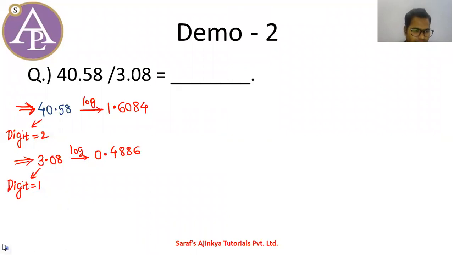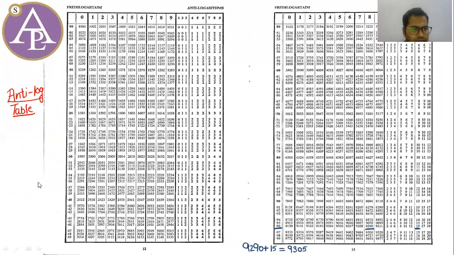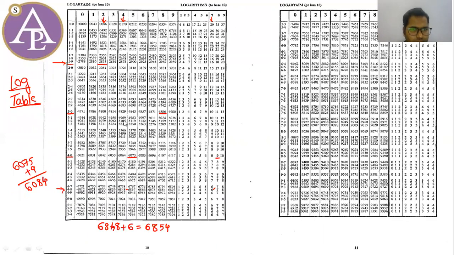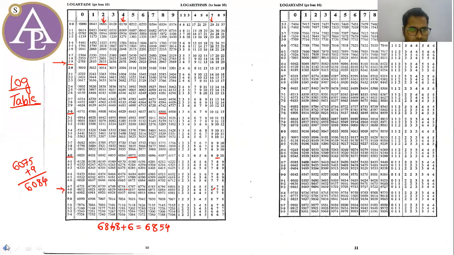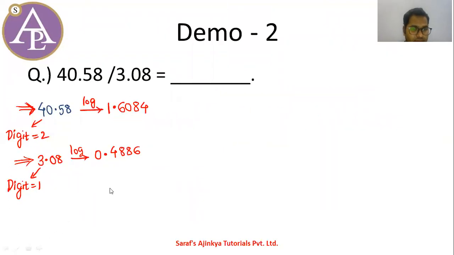So 308 is 4886. So the log is 0.4886. Now here you are doing division. Whenever you want to do division, you should subtract the logs. So I will subtract. So this is 0.4886. Correct.